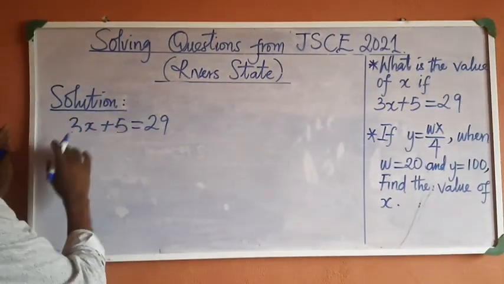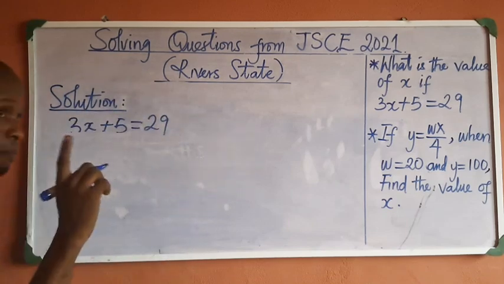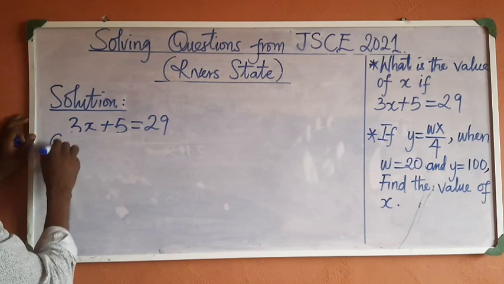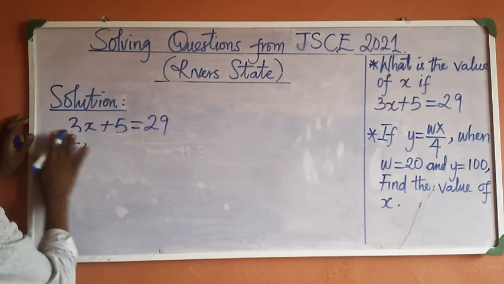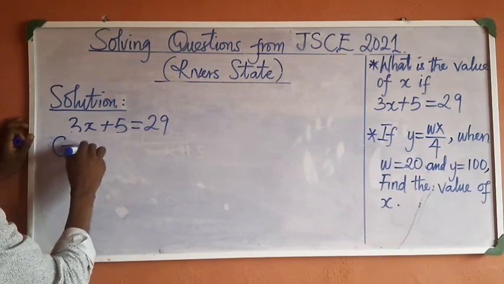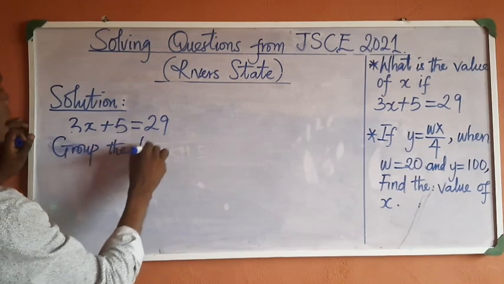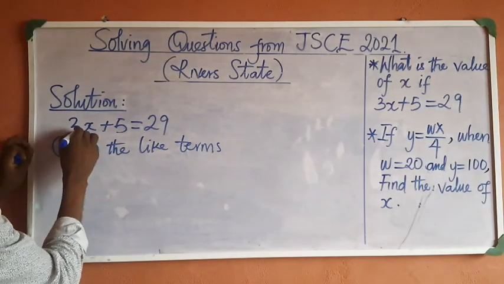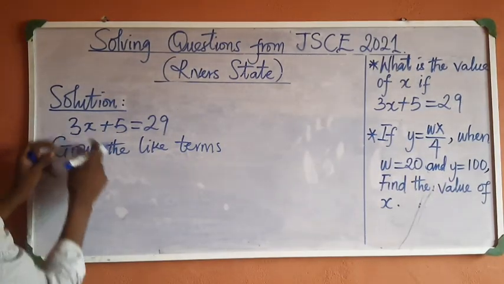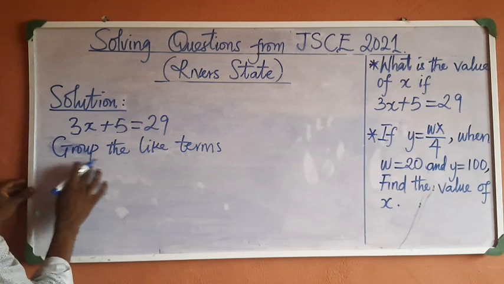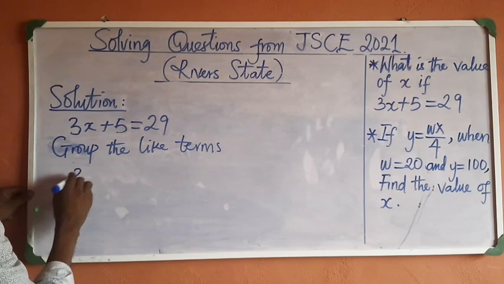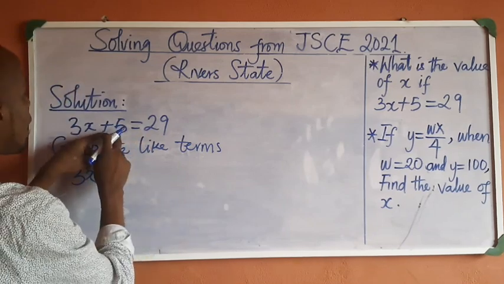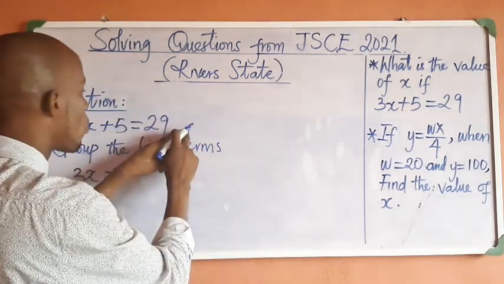So, in grouping the like and the unlike types, it's very important to make that statement when you are solving. Group the like terms. So, I will return 3x to the left side of the equation as I've explained before. So that gives me 3x here, and then equals to, don't forget, 5 now is moving to the other side of the equation.